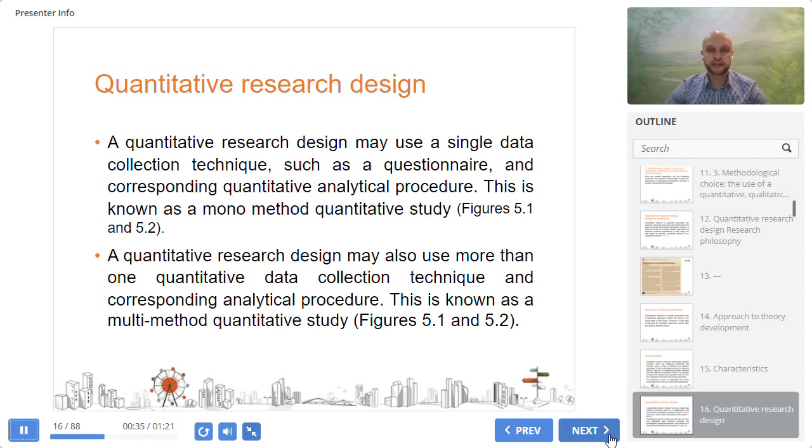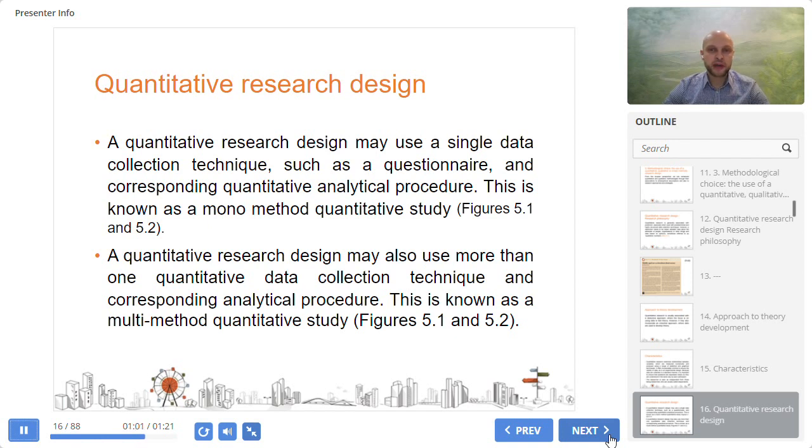You might, for example, decide to collect quantitative data using both questionnaires and structured observation, analyzing these data using statistical or quantitative procedures. Multi-method is the branch of multiple methods research that uses more than one quantitative or qualitative method but doesn't mix the two.